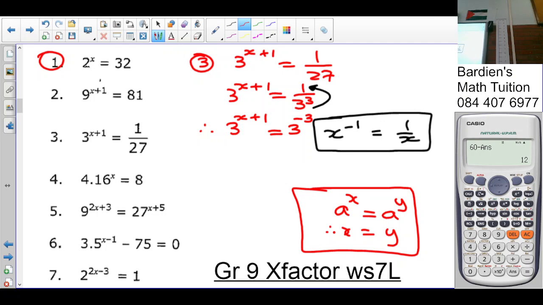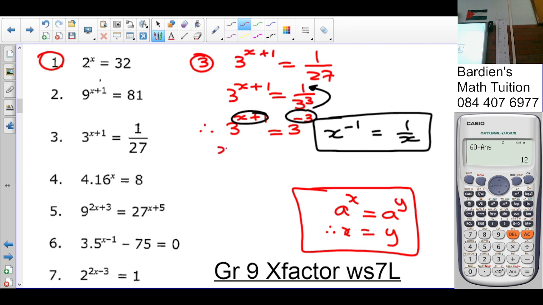Now what? Nice. So the same bases, the exponents are equal.